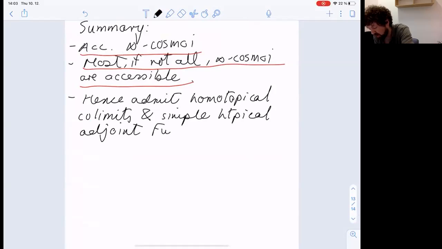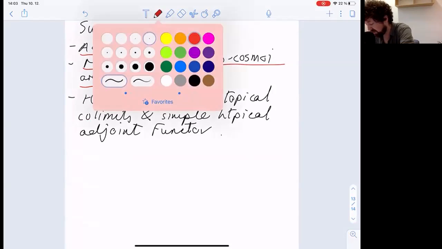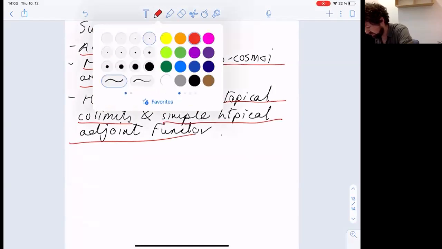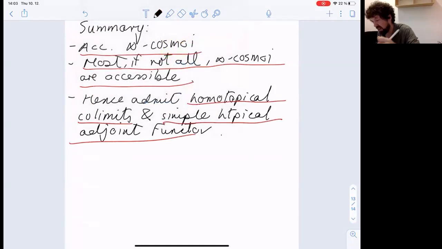So now if you want, you can easily prove that the infinity cosmos of infinity categories with products or whatever is co-complete in the appropriate sense, et cetera. So that's all I wanted to say.